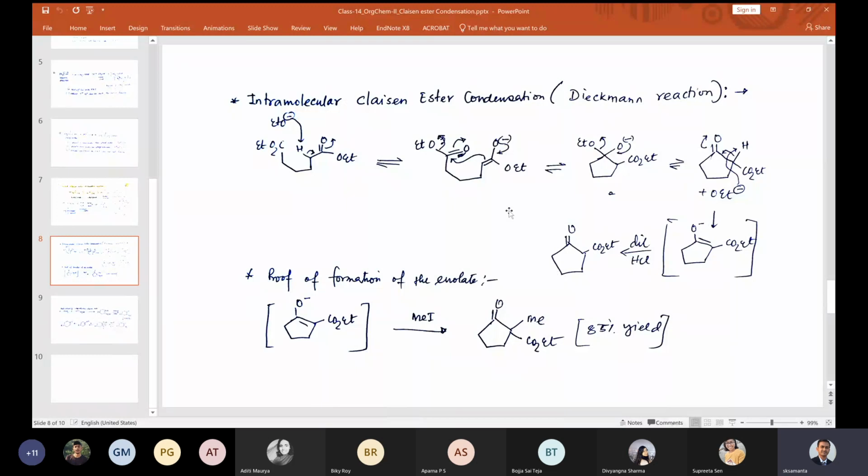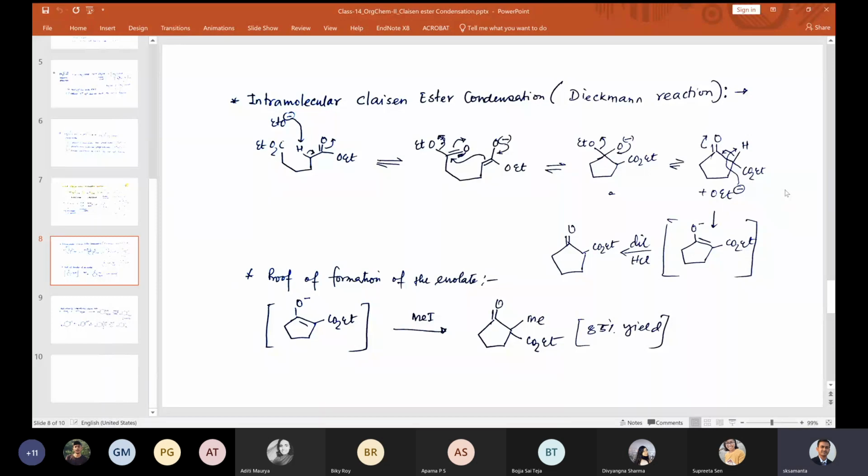Many times in the exam, they ask what is a Dieckmann reaction, give an example. And then the second part of that question becomes like, how do you prove that the enolate formation happens or the third equilibrium exists? How do you prove that the enolate formation takes place in the medium?